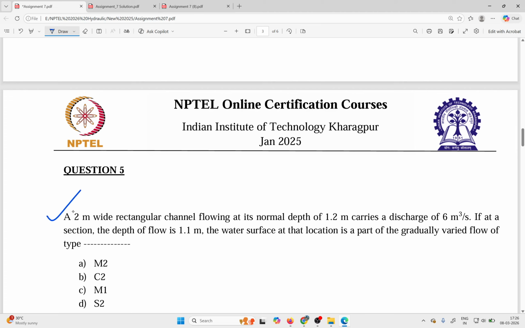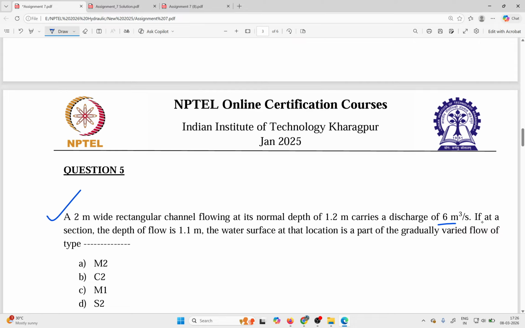Question number 5: a 2-meter wide rectangular channel flowing at its normal depth of 1.2 meter carries a discharge of 6 meter cube per second. So you have the normal depth in a rectangular channel and the discharge 6 meter cube per second.